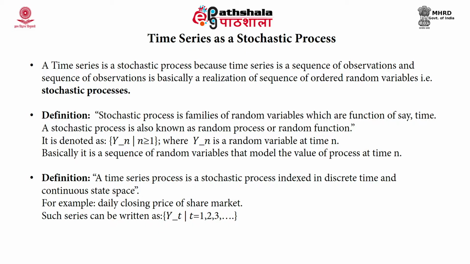It means we are taking time at discrete time points and it takes values in a continuous manner. So, for example, the daily closing price of a share market: here daily is considered a discrete component, that is days, and the value of the share price is considered a continuous value. Such a series can be written in this form.